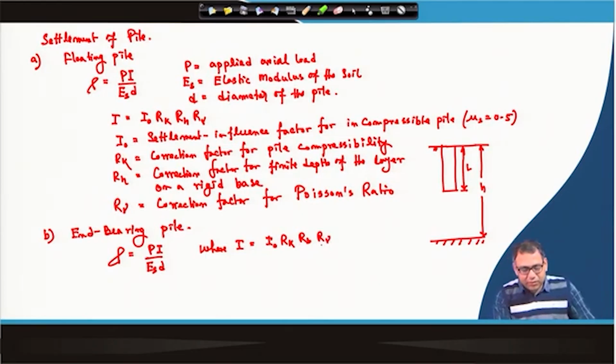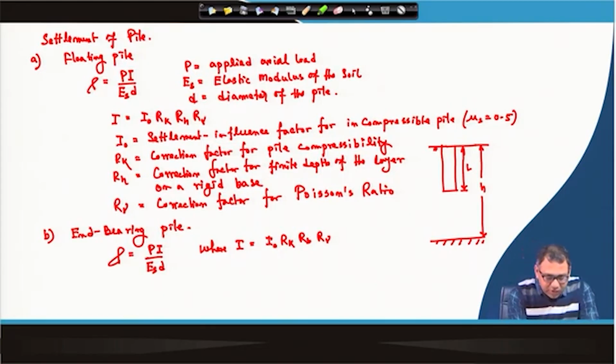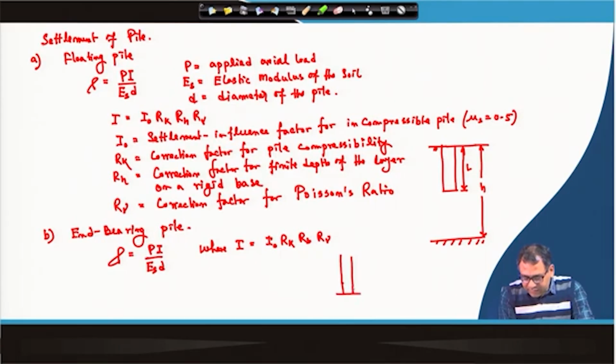R K and R nu are the same as discussed for the floating pile, but here R h will not act, because in this case the pile is resting on the rigid stratum itself. So, there is no question of R h.